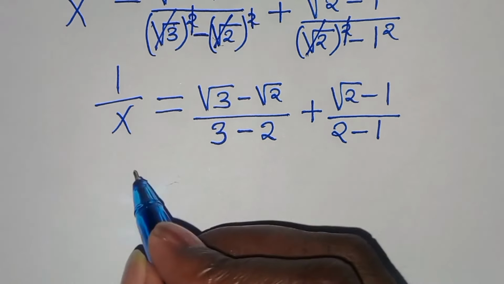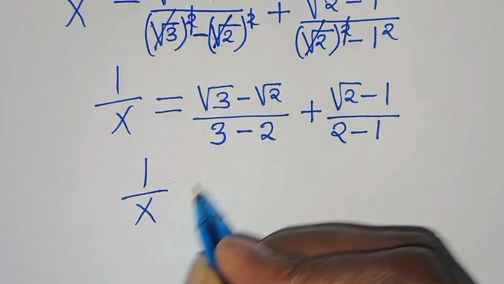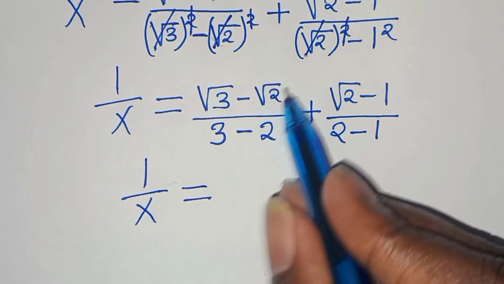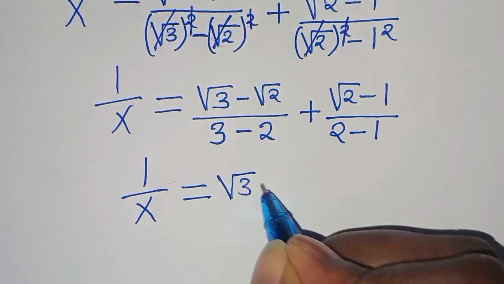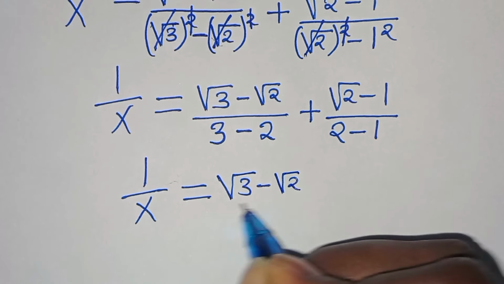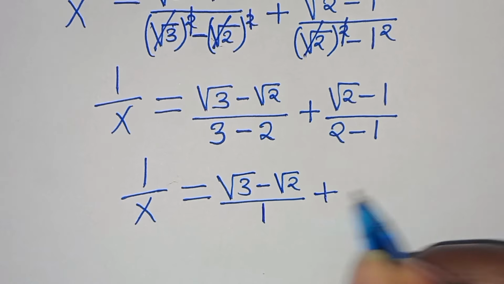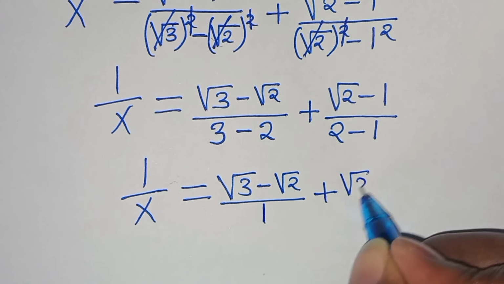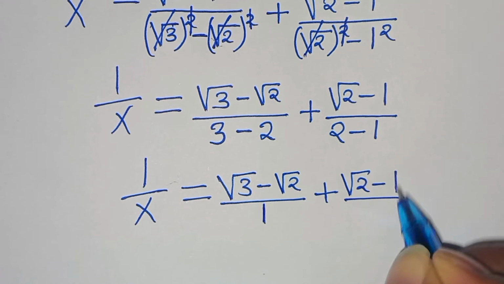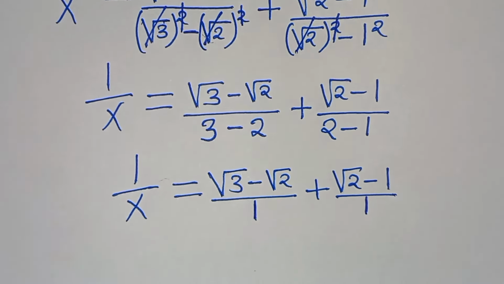So this implies that 1 over x, this is equal to, here we have square root of 3 minus square root of 2 divided by 3 minus 2, which is 1, then plus, in the numerator we have square root of 2 minus 1 divided by 2 minus 1, which is 1.